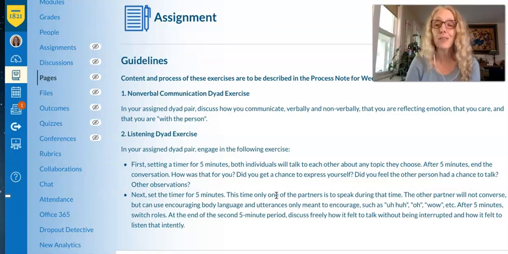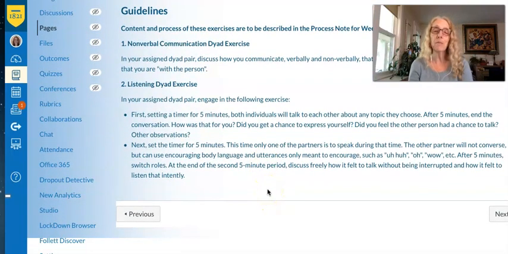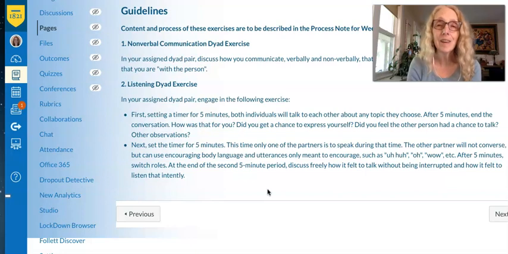And you're going to do this in your dyad too. So in the second part of this exercise, you set a timer for 5 minutes, and one person is going to talk. The other person is going to non-verbally acknowledge. Okay?